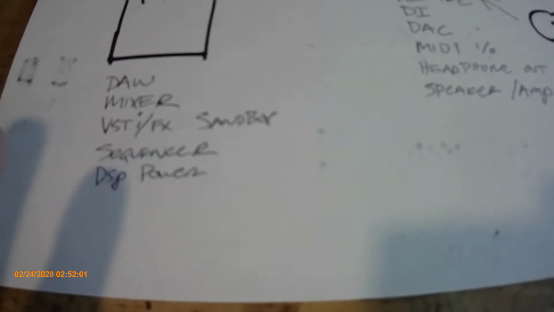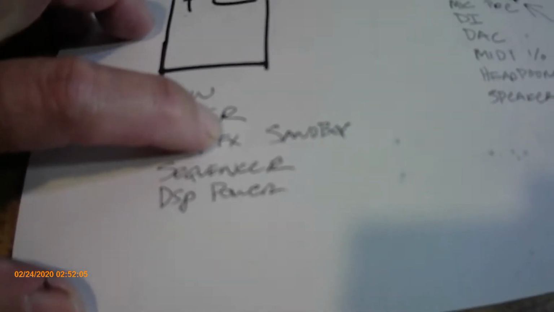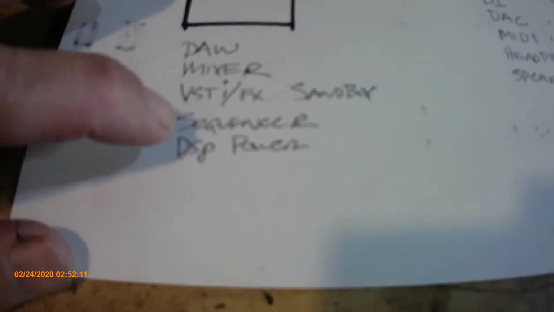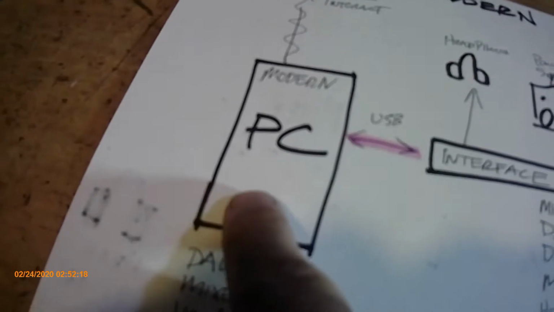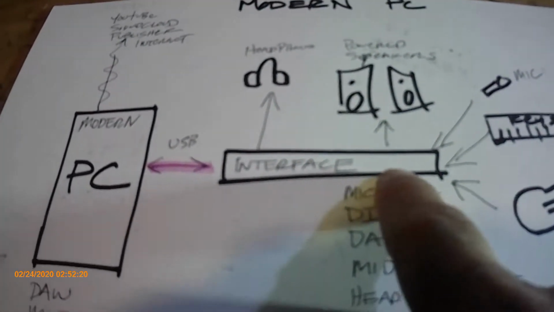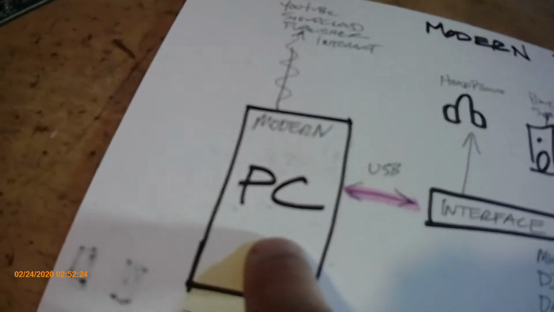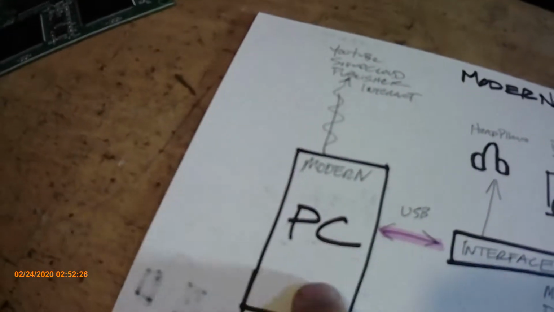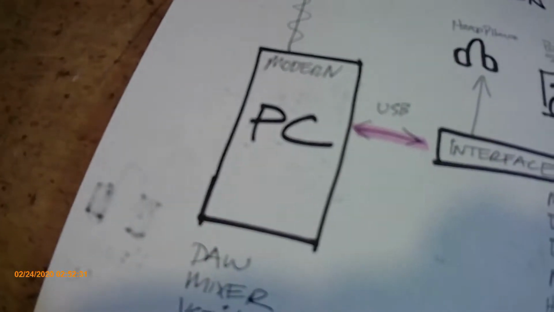That's going to make a playground or sandbox for your VST instruments and your VST effects to live in, and any kind of MIDI sequencer and any DSP processing and power that you want to do is all going to be built into your PC, audio being fed from your interface. Then everything is handled via the multi-core processors today on your modern PC.